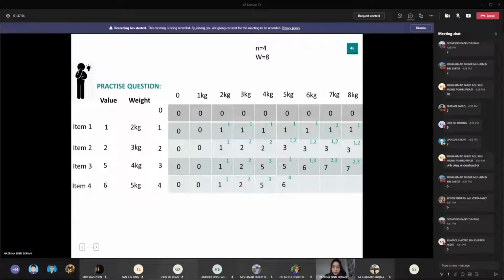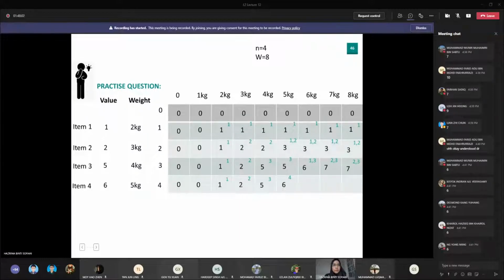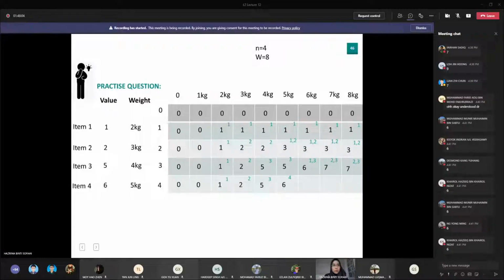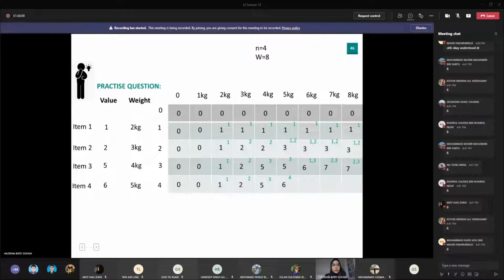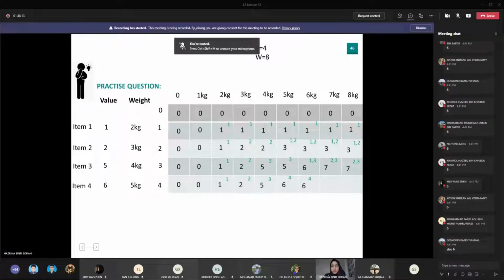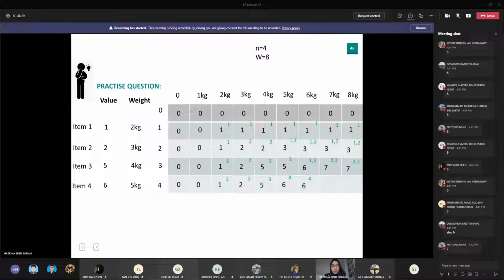At capacity of 6, what will be the value? Six. Moy, Haziq, Yomi, all correct. Kishore correct. Arik correct. Desmond also 6. Okay. 7. 7 is 7.